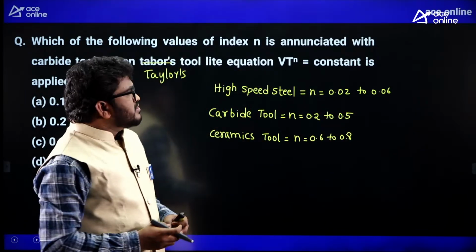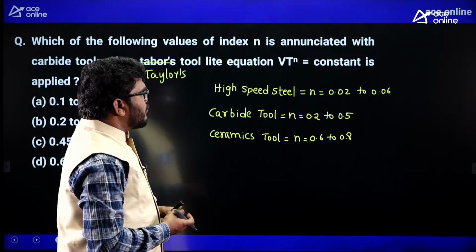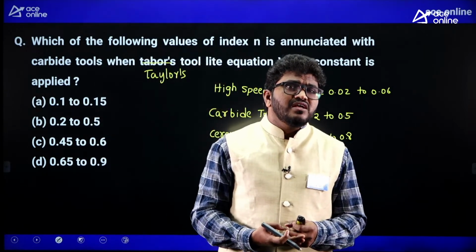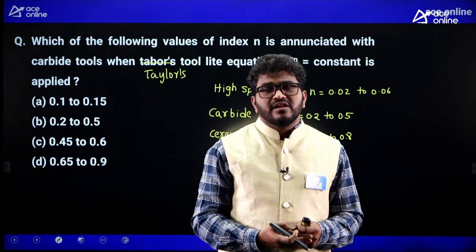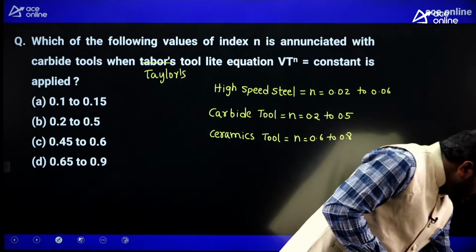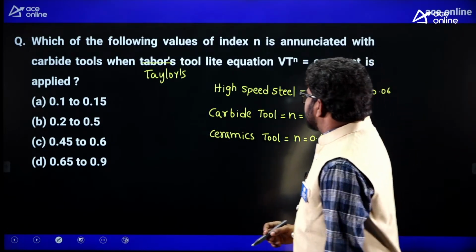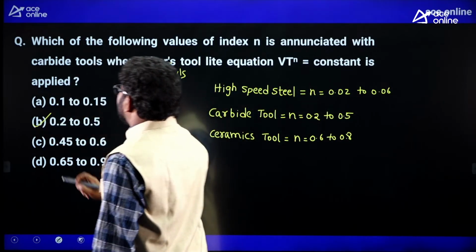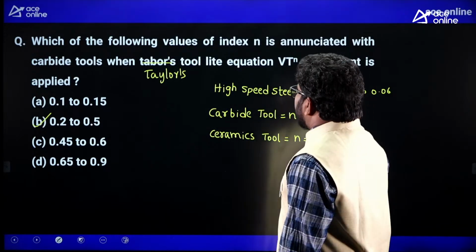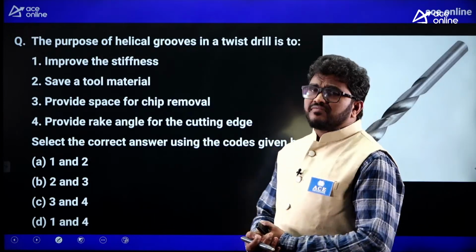So in this, the Taylor's tool exponent value is very low for high speed steel and very high for ceramic materials. What are the ceramic materials? Diamond is a ceramic material. Carbide cutting tools like silicon carbide, tungsten carbide, these are, okay now. So the correct answer for this question is B. Yes, right. Correct answer for this question is B. So the n value is here 0.2 to 0.5. Next, another question.